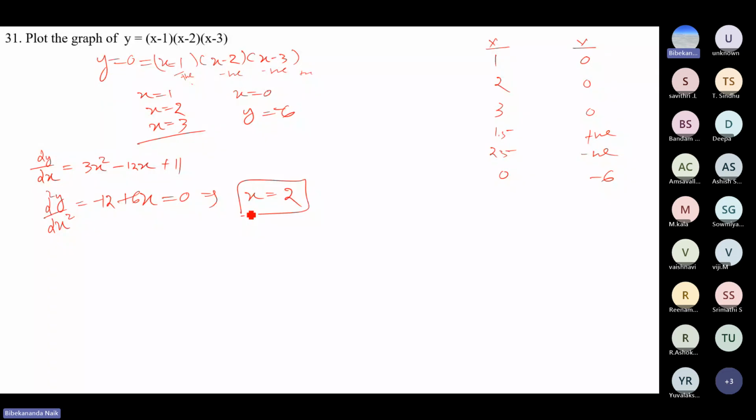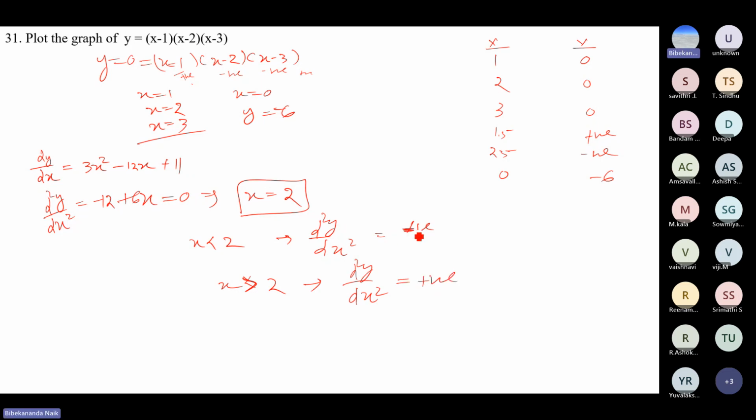So this is the point of inflection, where the curve changes its concavity at x equal to 2. When x is less than 2, d square y by dx square will be negative, and when x is greater than 2, it will be positive.